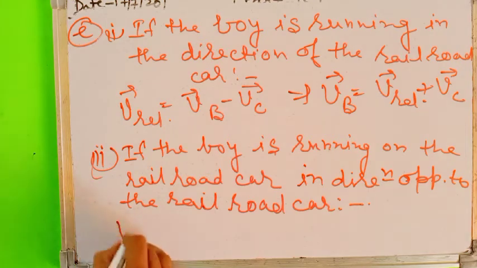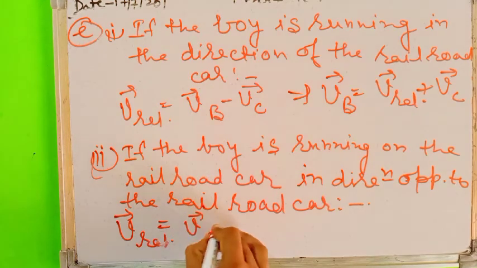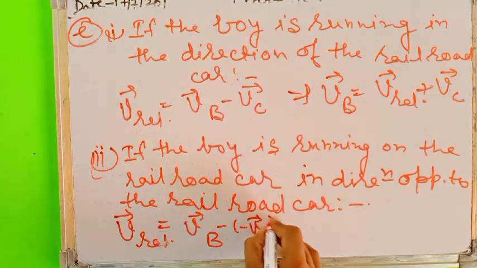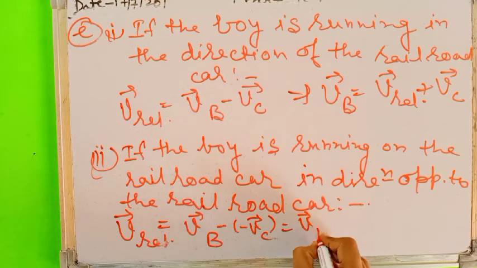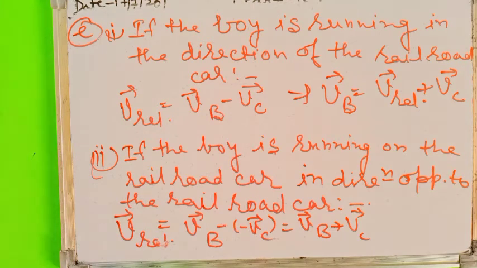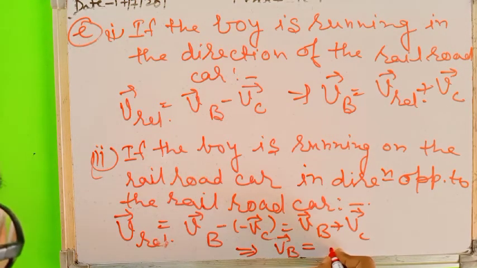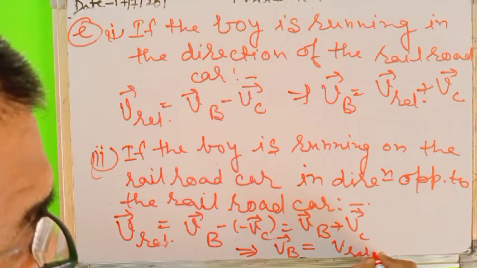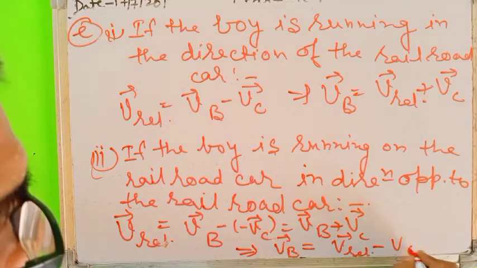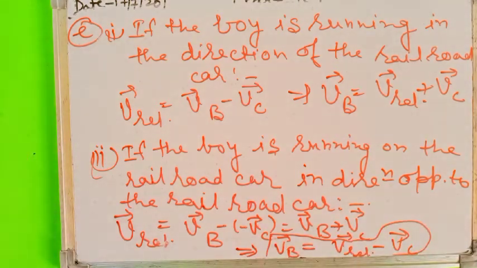So here V relative can be given as Vb minus of Vc, or it can be written as Vb plus Vc. And from here velocity of boy with respect to ground can be given as V relative minus velocity of car with respect to ground.